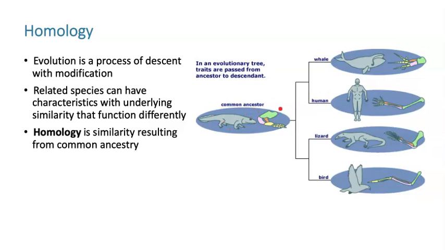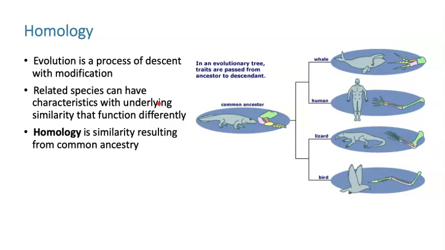And that trait, whatever that trait is, in this case, the bones of the limbs of the organism that first evolved those traits, they are changed over time. Maybe they take on a different function, but they still have the same general structure.